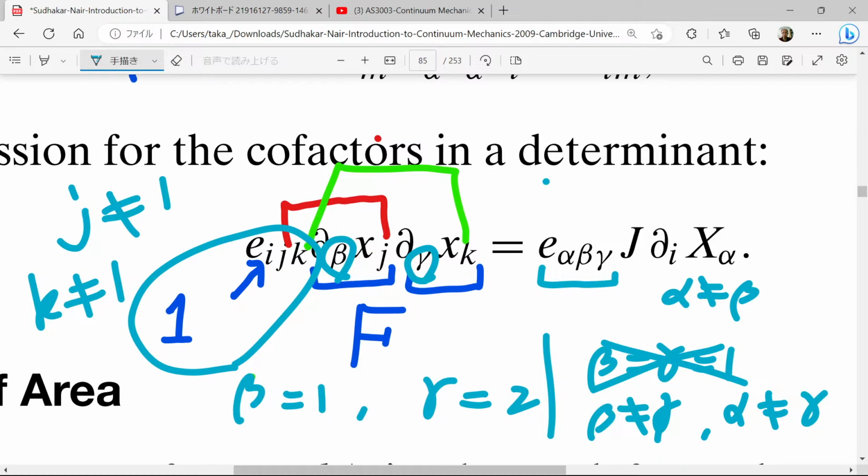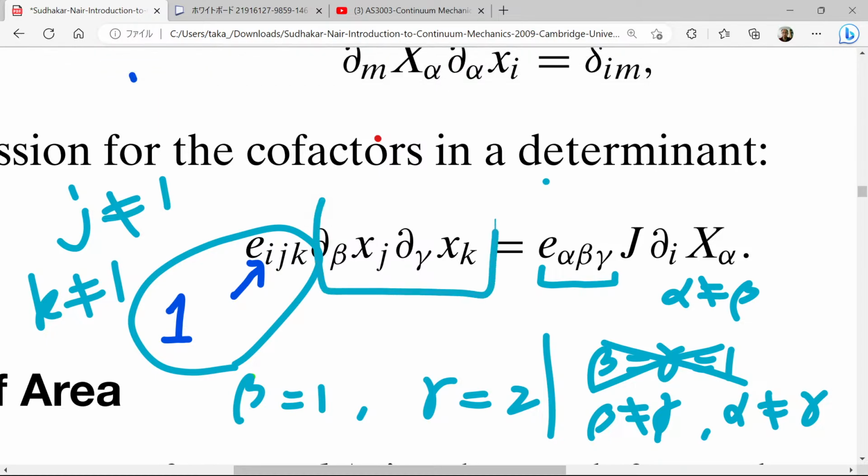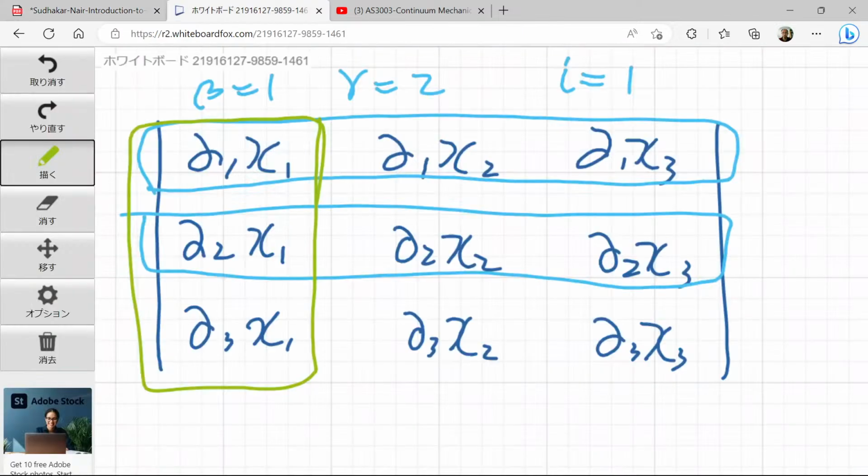So we have to this part, J, K not 1. So it's from here.